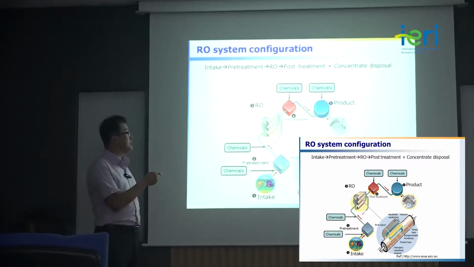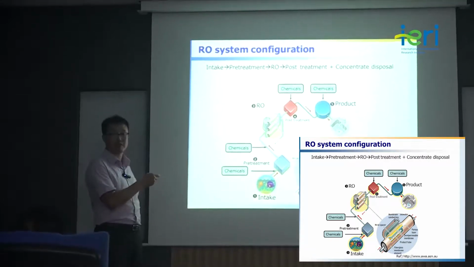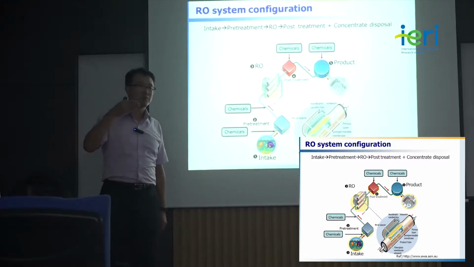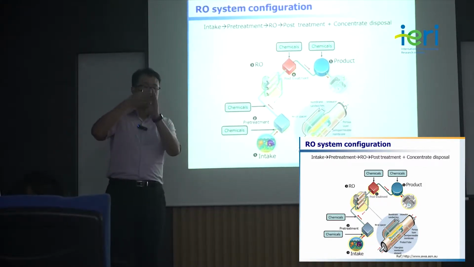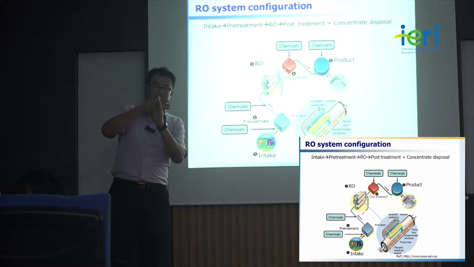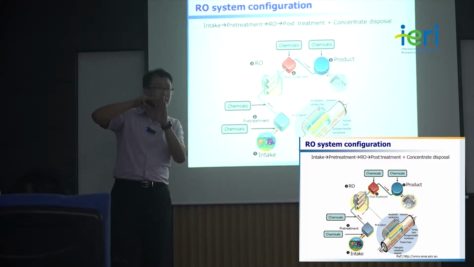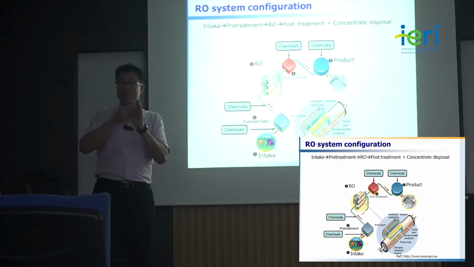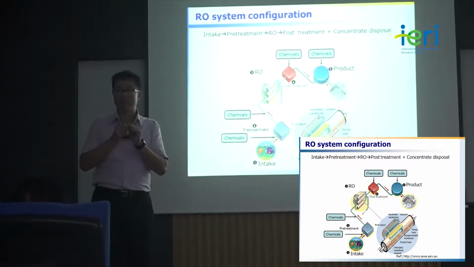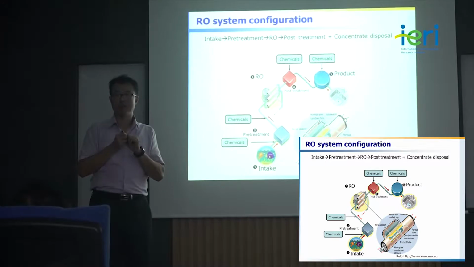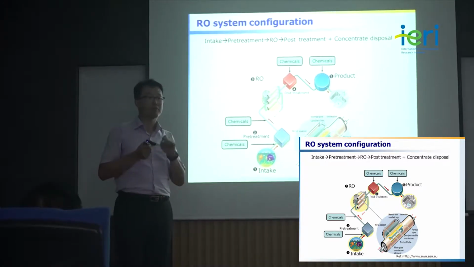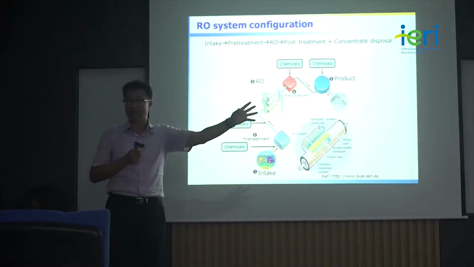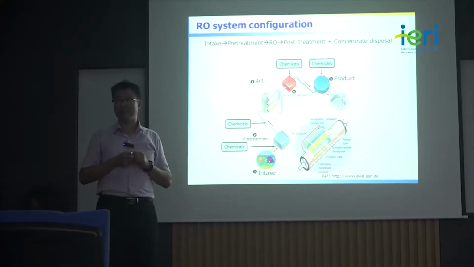The concentrate is produced from this reverse osmosis system. Because seawater is moved to the reverse osmosis membrane, seawater is filtered and salt is rejected. The water containing a high concentration of salt is called concentrate or retentate. Concentrate is the more common word for that. We need to dispose of the concentrate to the sea. That is called discharge.